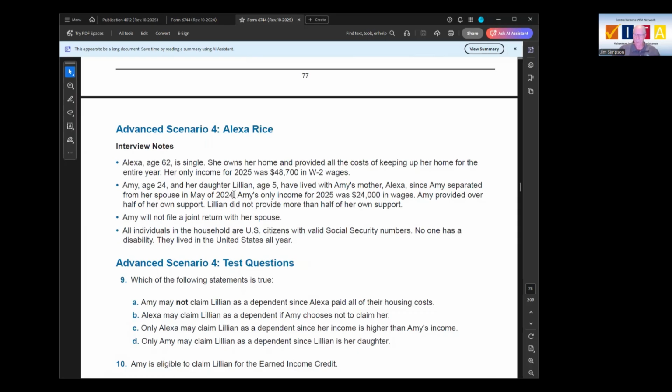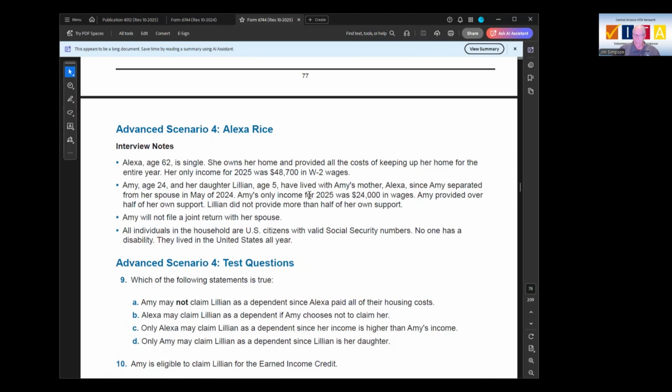Remember, there are all those rules about claiming dependents and how long the dependents lived with you. So we have to keep track of this here. Amy's only income for 2025, and it's hard to keep track of who's grandma, who's daughter, and who's grandchild. Looks like Amy's the daughter.